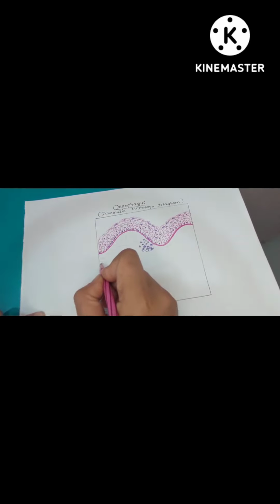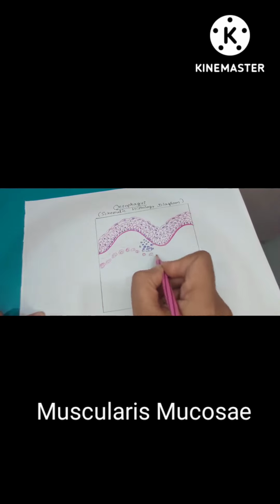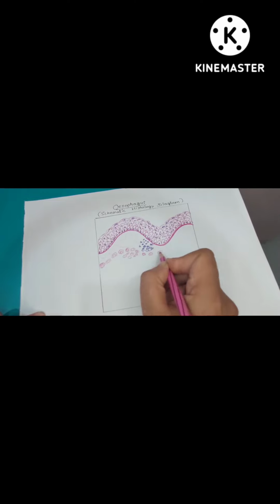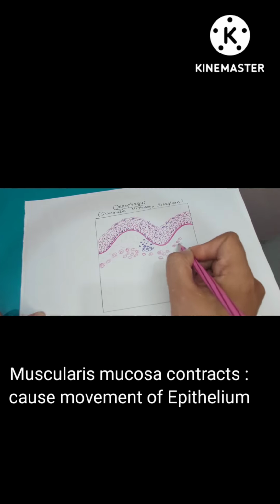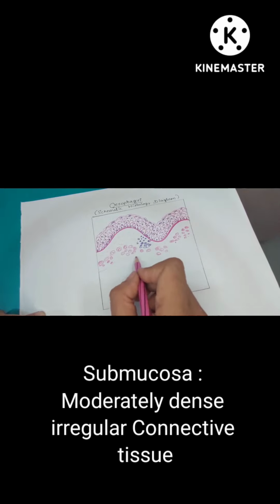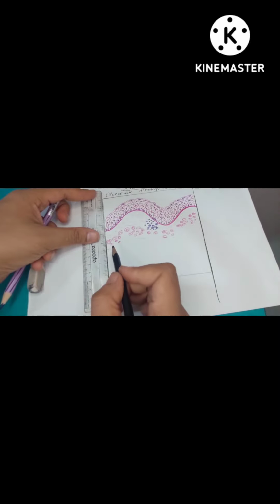Below lamina propria, you can see the smooth muscle layer of the muscularis mucosa. Next to it, the submucosa is there. We have to take a longer box for drawing this histology of esophagus.